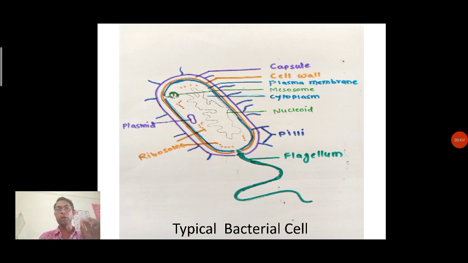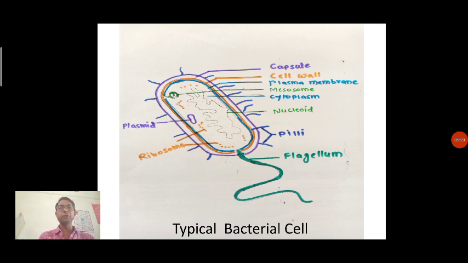So the cell wall in a bacterial cell is somewhat thick in size. It is protective in nature, and followed by this cell wall you can see there is a plasma membrane. Here the green color structure you can observe, we call it the plasma membrane. This plasma membrane is followed by the cytoplasm.